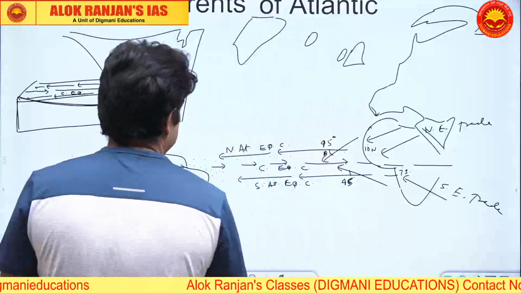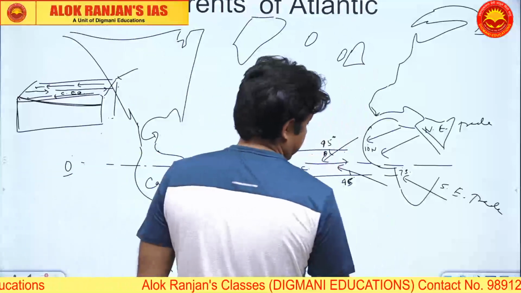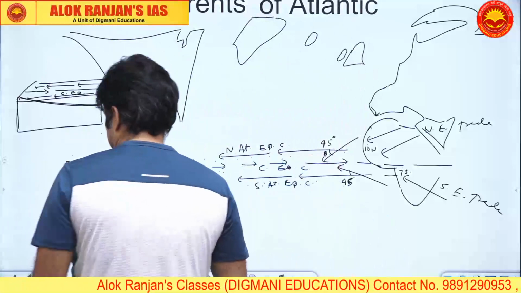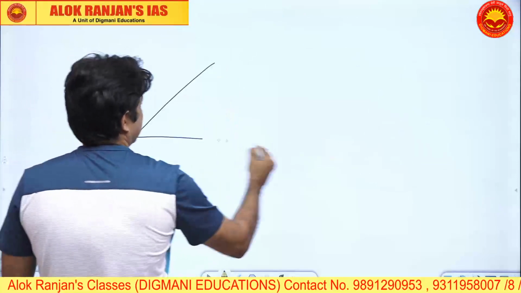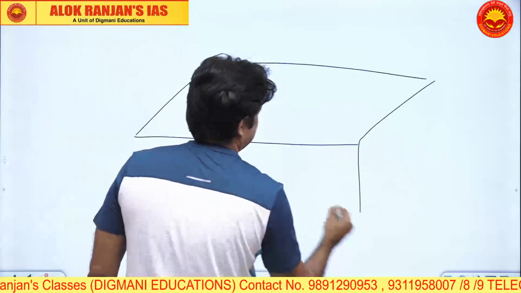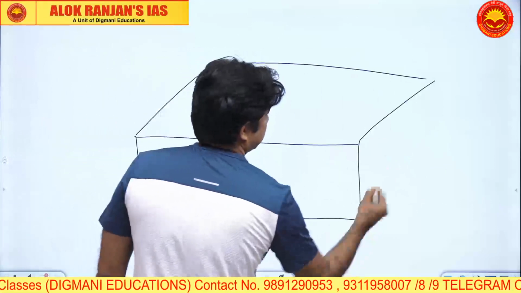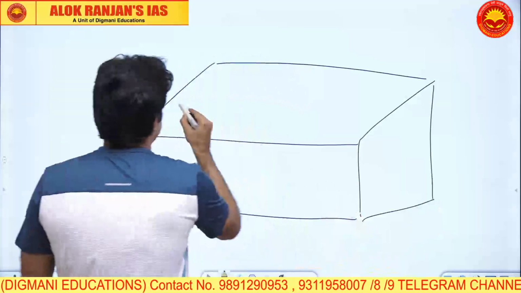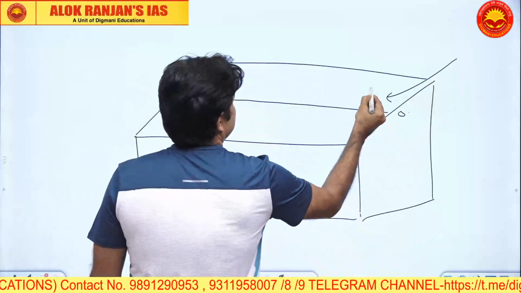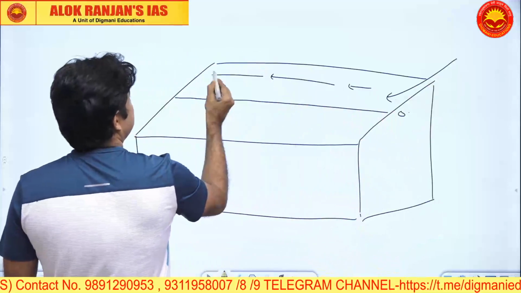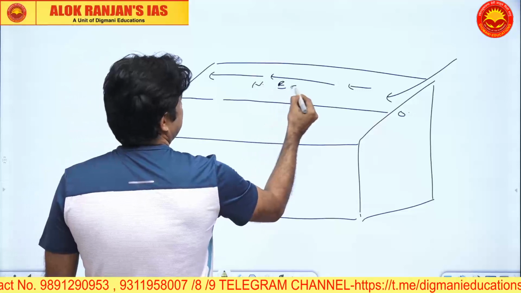We have three currents in the equatorial region, and I want to give you more than your books, etc. So say this is your 0-degree equator, this is the trade, and as I said, this is your North Equatorial Current.